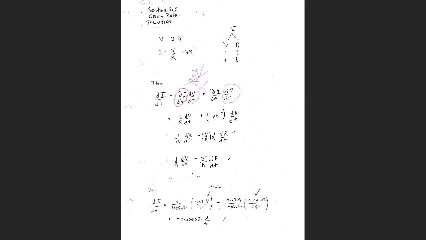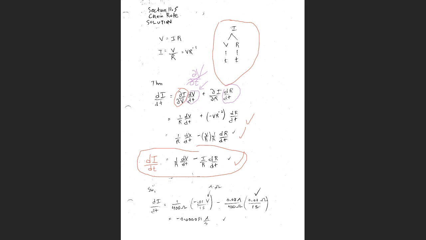Okay, so we continue working this problem out here. And I end up getting that the derivative dI/dt, because ultimately, based on the flow chart here, current is a function of time, and this gives the relationship.